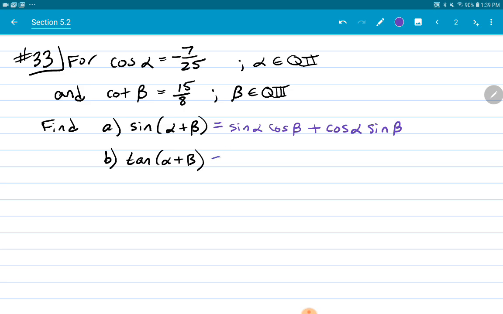And for the tangent sum, our formula is the same sign in the numerator and opposite sign in the denominator.